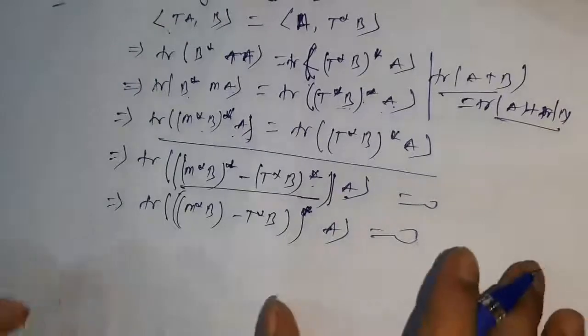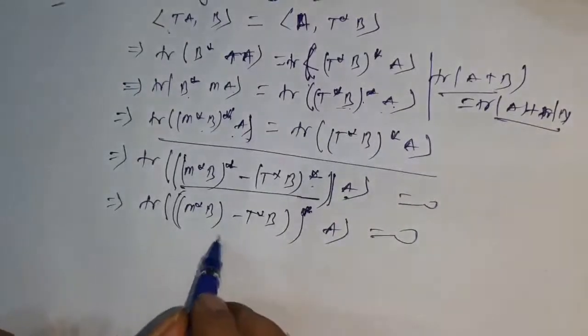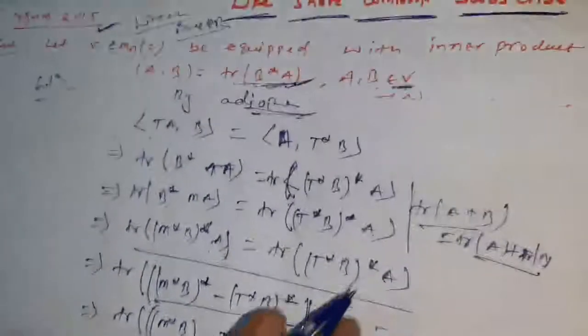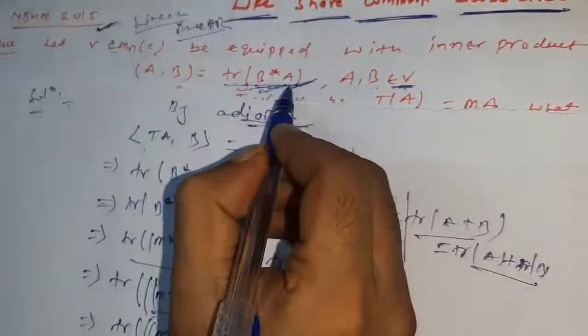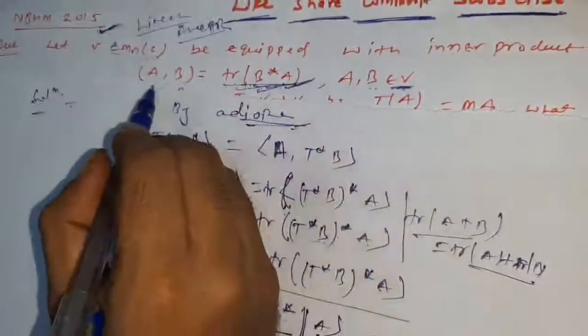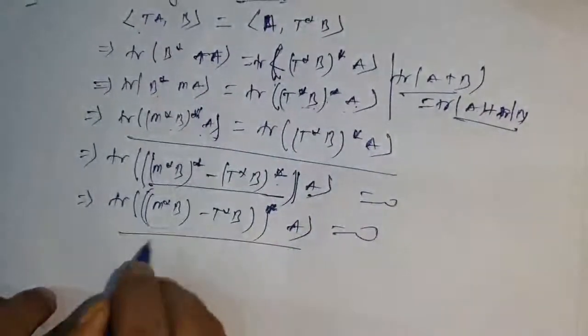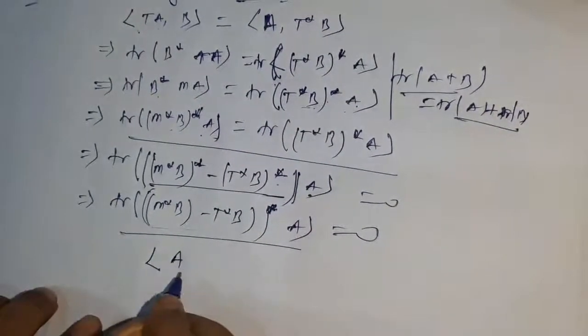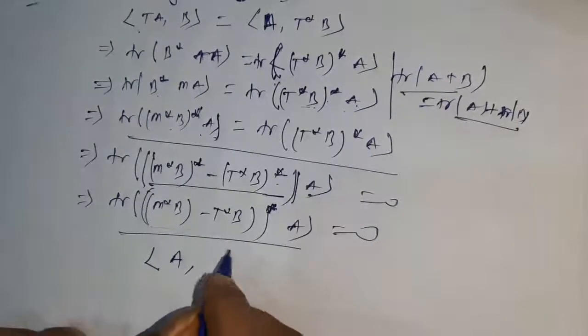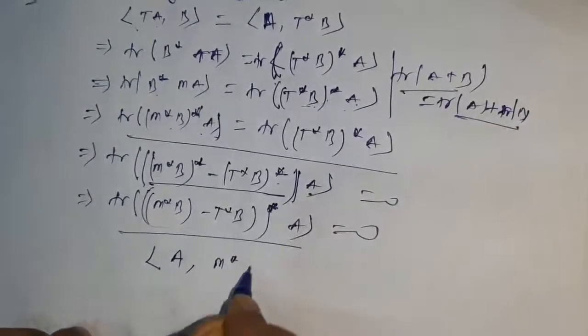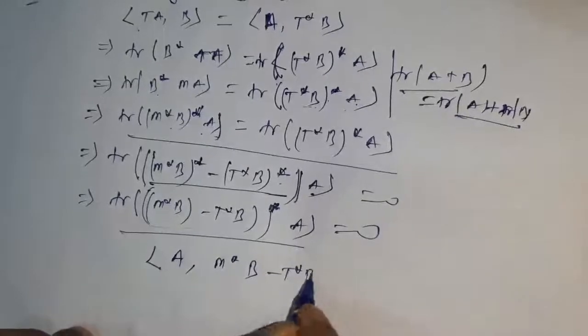Now, you know, by the given condition, trace of B star A can be written as the inner product of A, B. By back calculation we can write the value of this as the inner product of A with (M star B minus T star B) equal to 0.